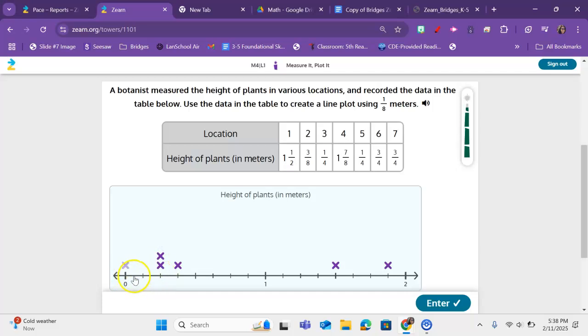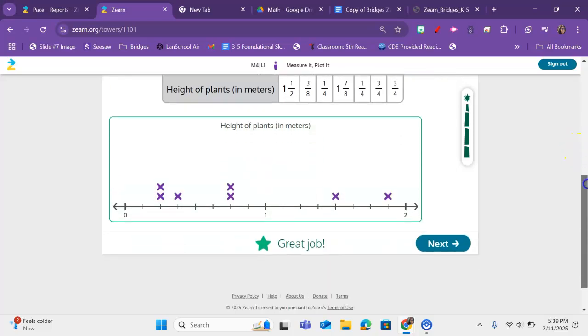Okay, so I'm skipping. There's 1/4, skip, 2/4, skip, 3/4. Okay, and then the number 7 says 3/4 also. So it should look like this. Good. Looks like we got it.